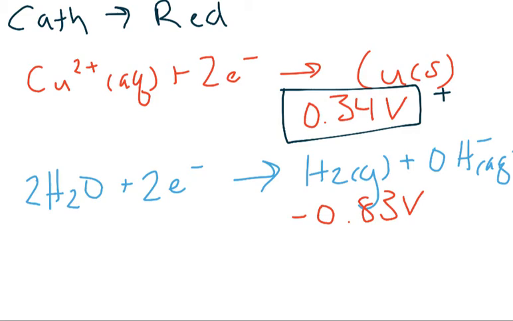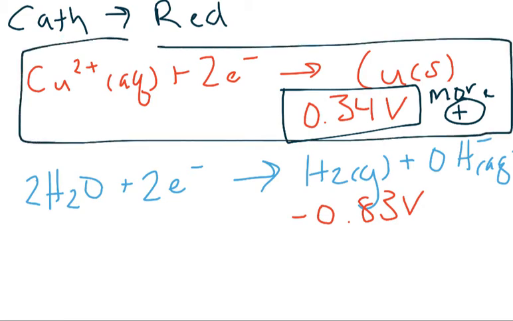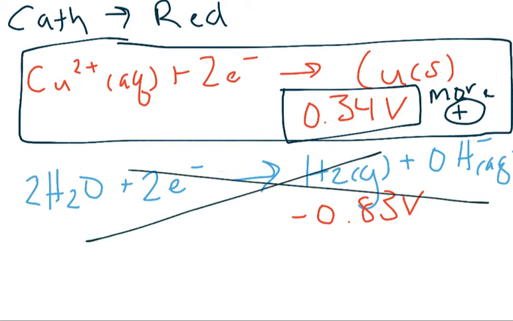Remember, positive means that it is spontaneous, right? So the closer it is to being positive, the easier it is to reduce. So the one that's more positive is the one that will be reduced. So in this case, we would see copper ions turning into copper metal, and we would not see water turning into hydrogen gas. Let's do the same thing for the possible reactions happening at the anode.